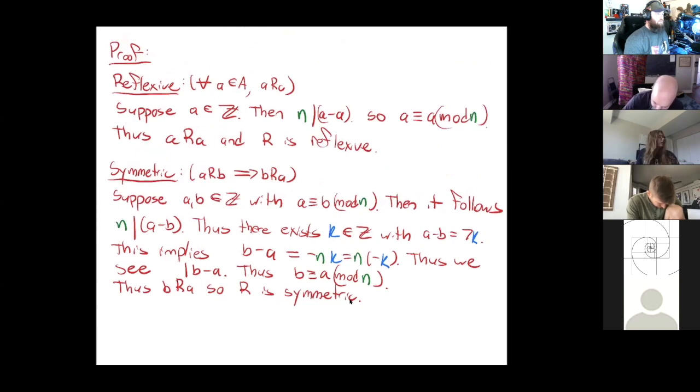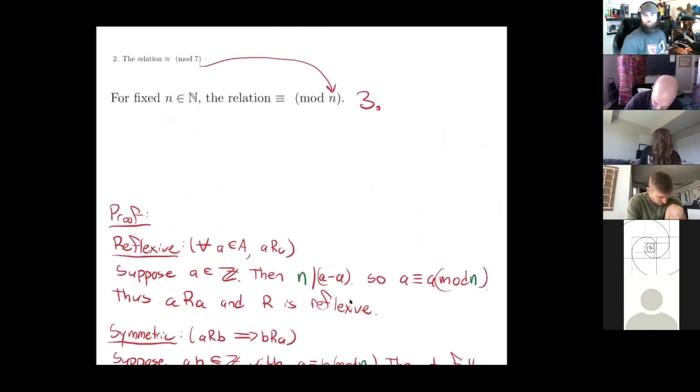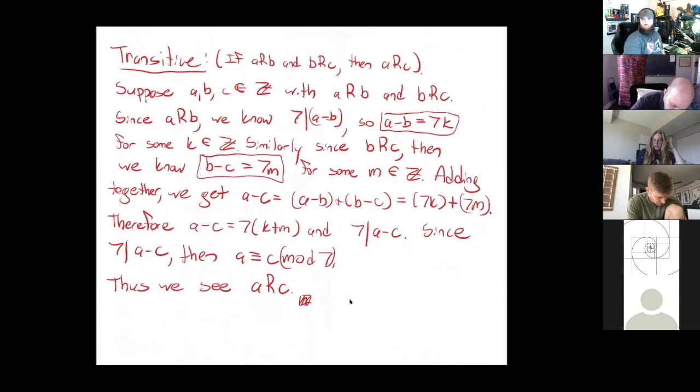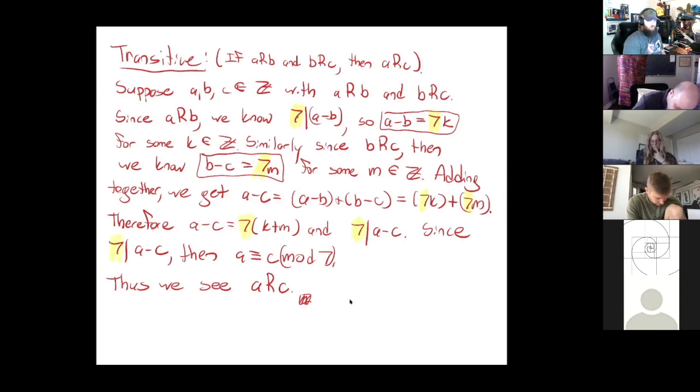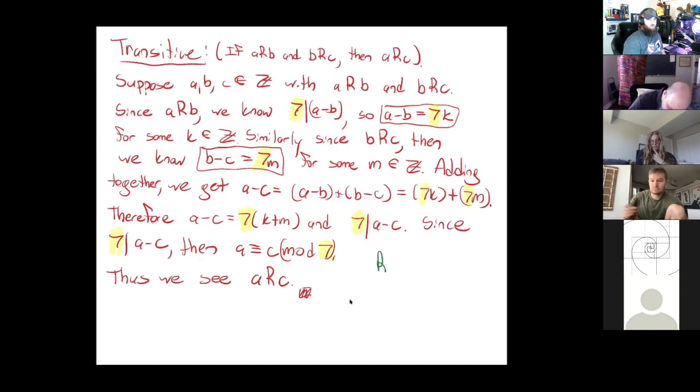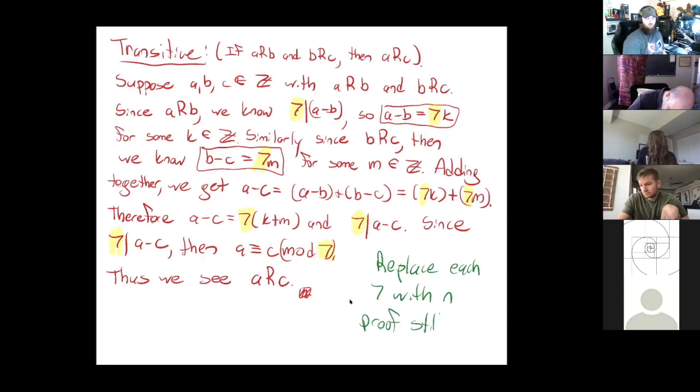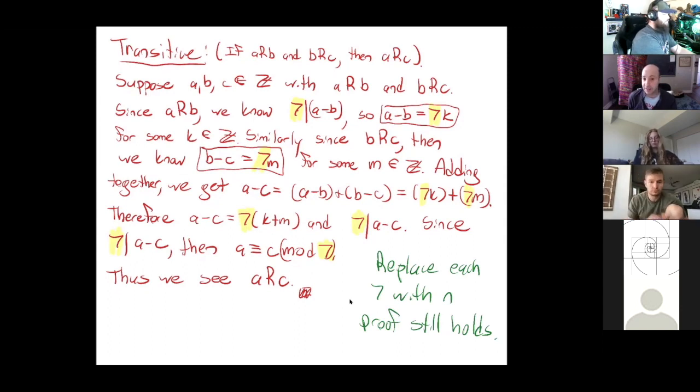And you could do the same for this one. So all I'm trying to say here is if I replace every 7 with an n in that proof, it's not going to affect anything.